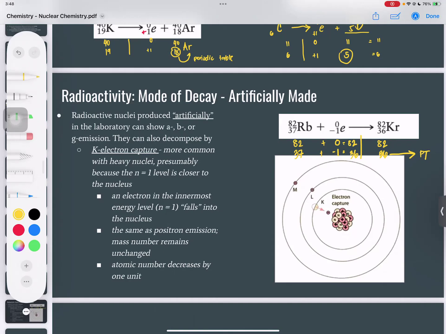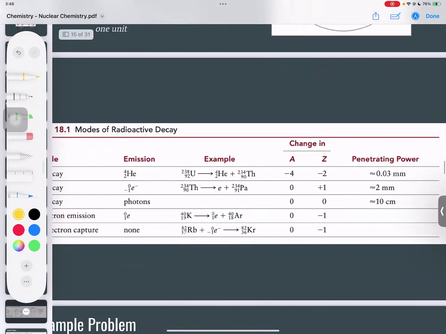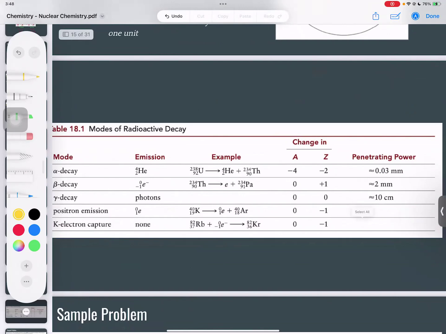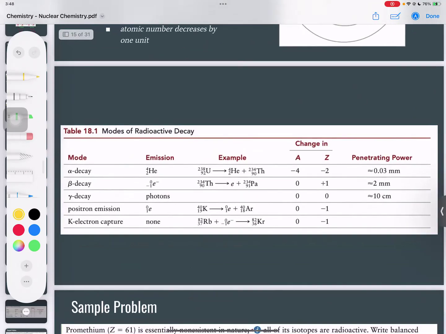Here is a short summary of the modes of radioactive decay. We have alpha decay, beta decay, gamma decay, positron emission, and electron capture. Again, the first three are for naturally occurring, and the last two are for artificial. What is emitted during alpha is the helium-4 atom, which has a charge of +2.